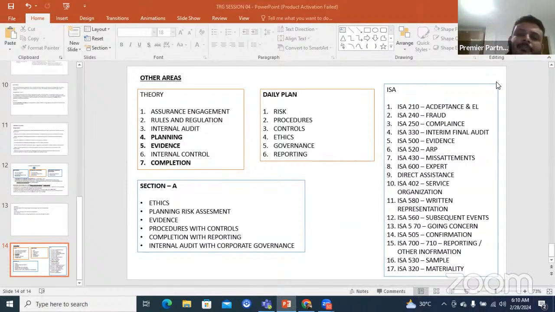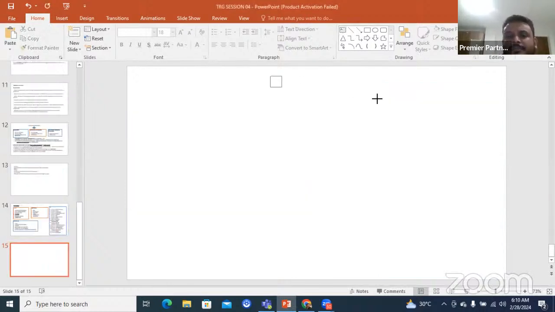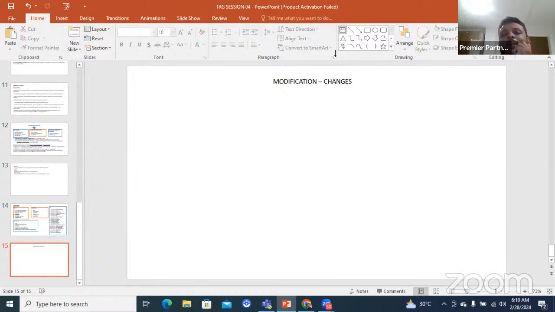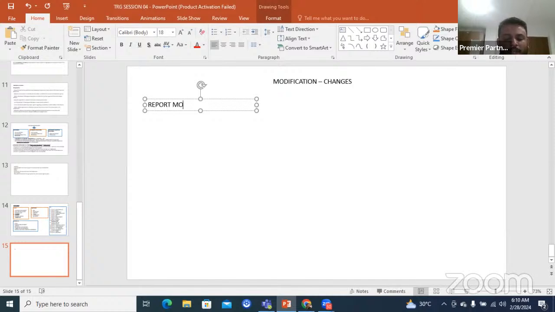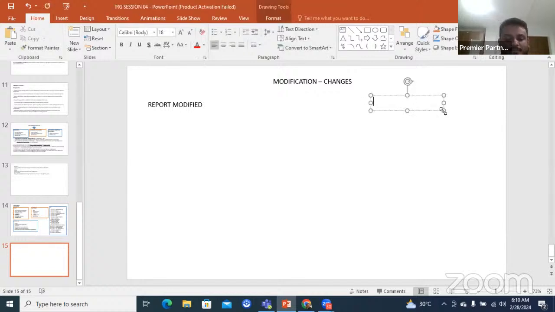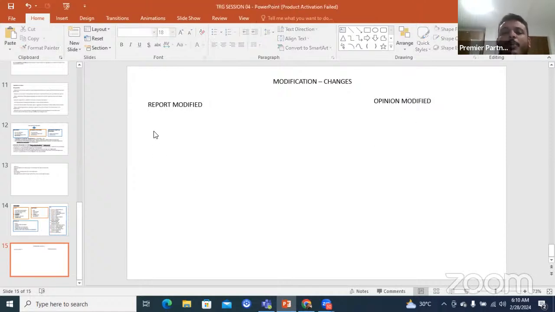See here, modified means changes. Modification means simply the changes. Right? Actually, there are two types of changes. One is report modified.